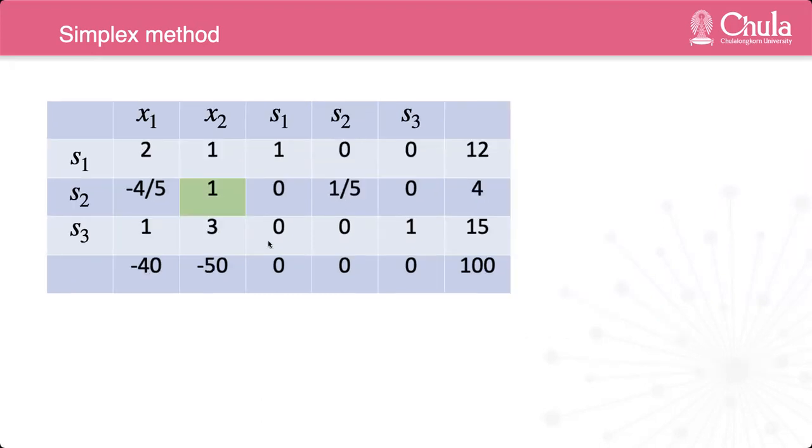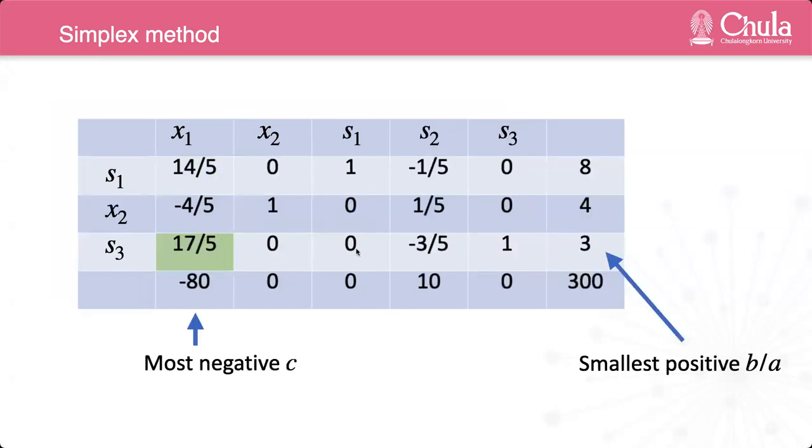For the third row, we multiply all elements in this row by 3, and then subtract the third row. So it becomes 1, 7, 0, 5, 0, 0, minus 3, 0, 5, 1, 3. Okay, you got the idea?